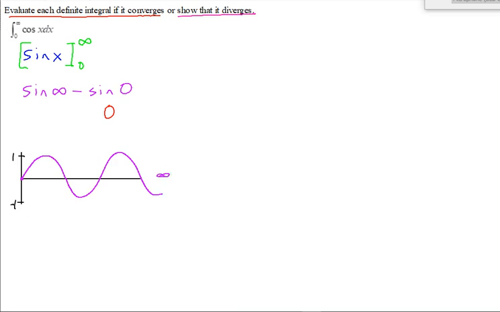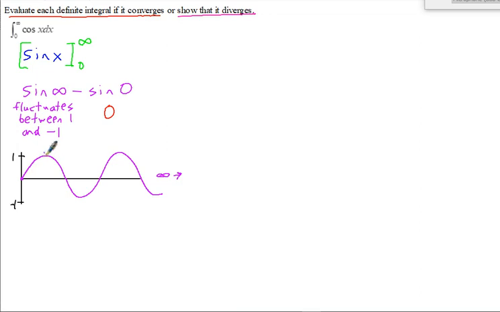So sine of infinity also just fluctuates between 1 and negative 1. So it never settles on a specific number.